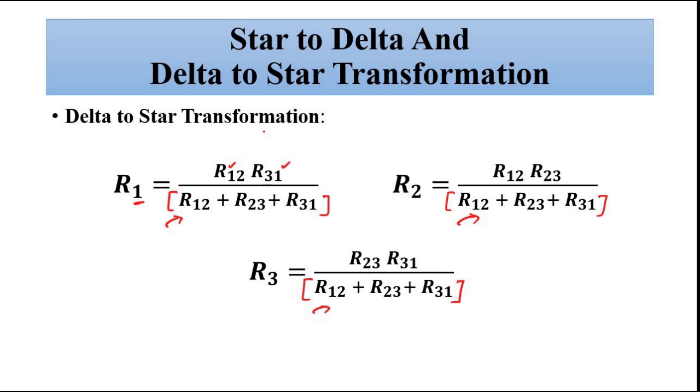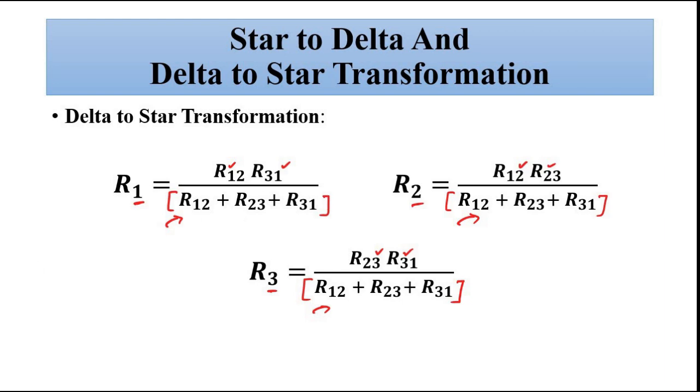Similarly, for R2, the denominator is the same. Here there is R12, the 2 is there, then again R23, the resistor connected between points 2 and 3. Similarly, here it is R3. Here R23, the 3 is there, and R31, again the 3 is there. So this is the quick concept which you can use.